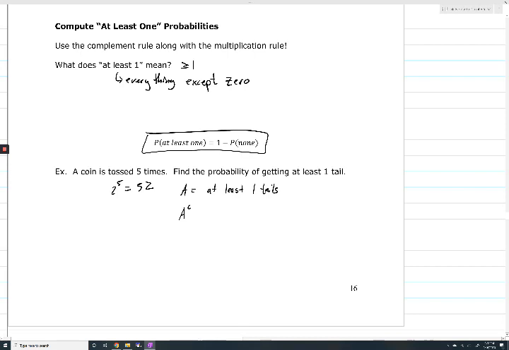If A is at least one tail, then the complement of A is no tails, or in this case, 5 heads. Now I can find the probability of 5 heads, because that probability is heads and another heads and another heads, another heads and another heads.